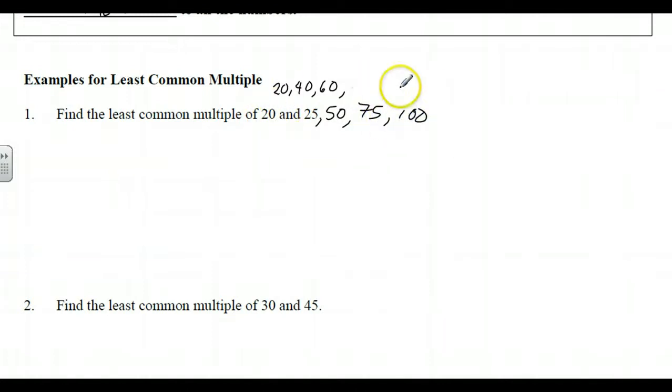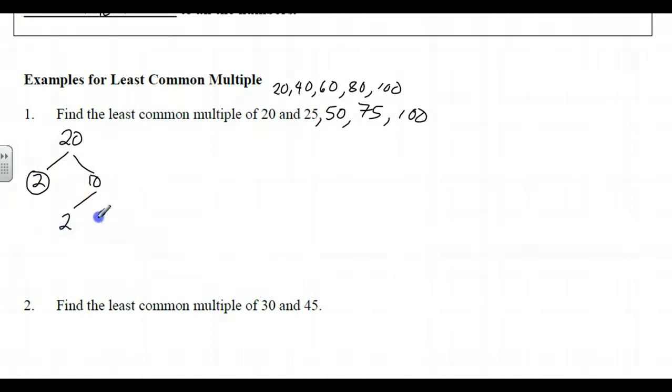Yes, 100 is divisible by 20. And we can see if we keep going that, yeah, this will be the lowest common multiple. Not very systematic, though, but sometimes faster, right? But let's come up with a way that's a little more systematic. And the way we're going to do that is we're going to do a prime factorization.